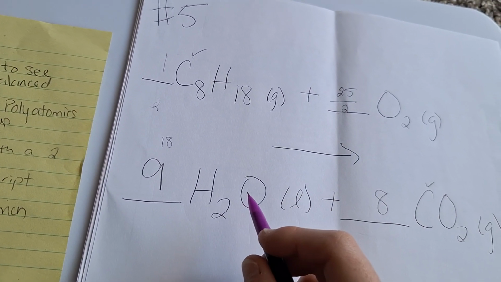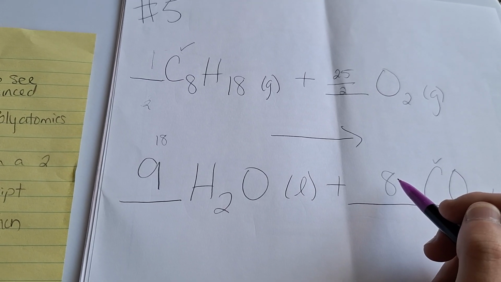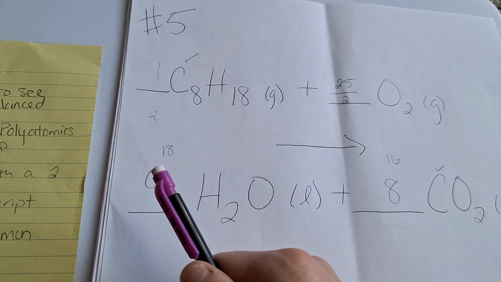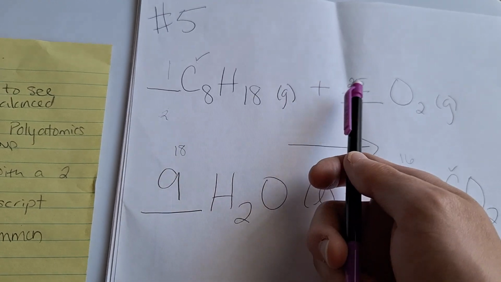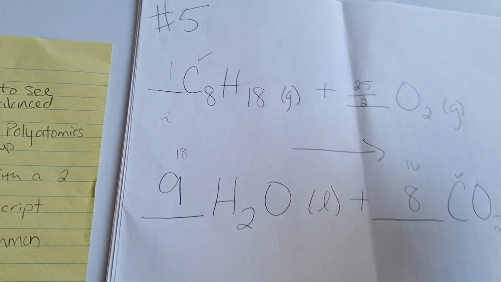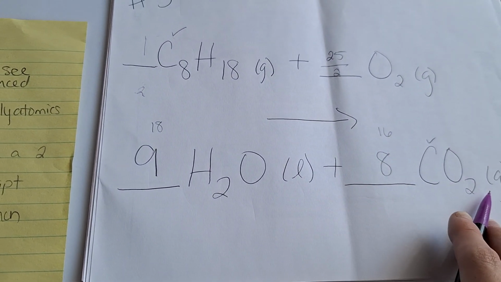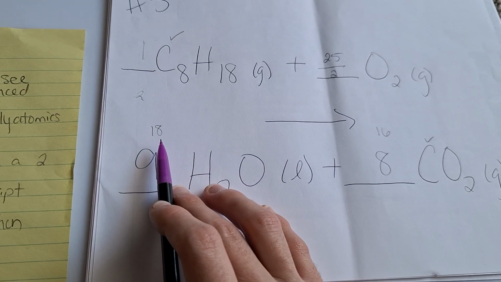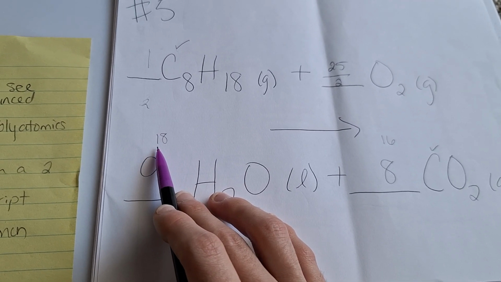So then that would be 18, 2, 18. Okay, so then that would give you 16 here. And then if you multiply, 16 times 2 is 32, plus 18 would be 50.